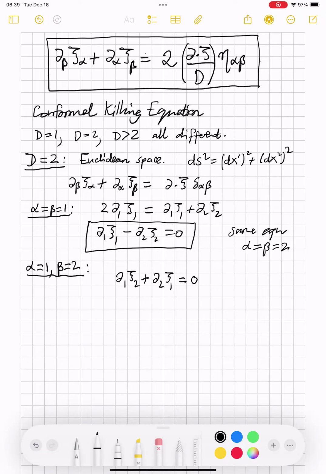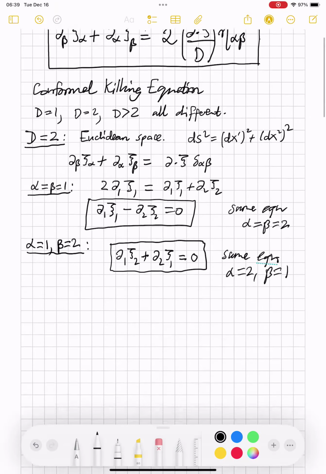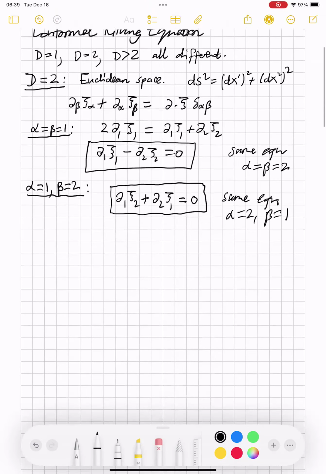So that's the equation that we get. And you can again check that we get the same equation if we set alpha equal to 2 and beta equal to 1. So the content of the conformal Killing equation in 2 dimensions in Euclidean space are these 2 boxed equations.